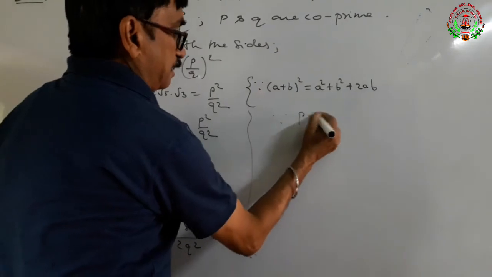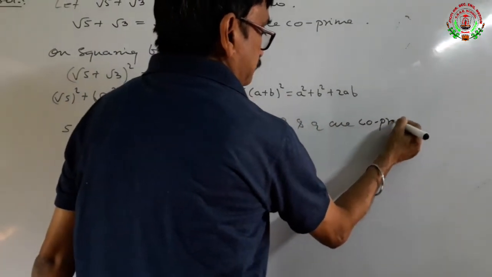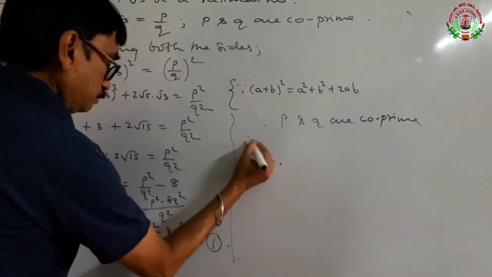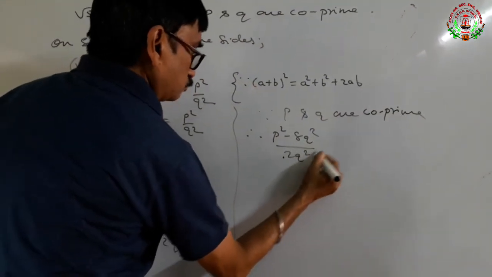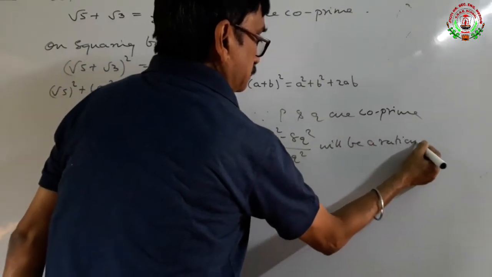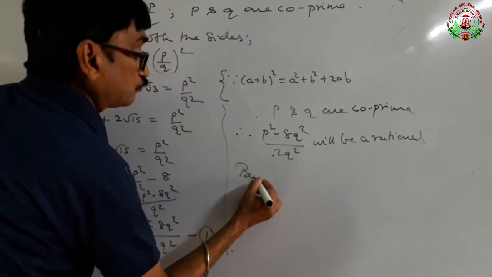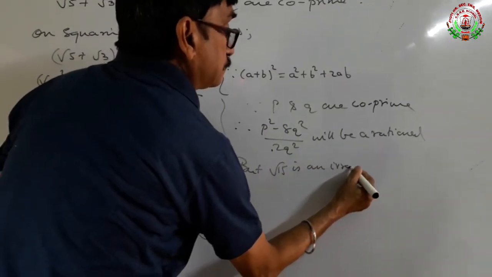Since p and q are co-prime, p square minus 8q square upon 2q square will be a rational, but root 15 is an irrational.